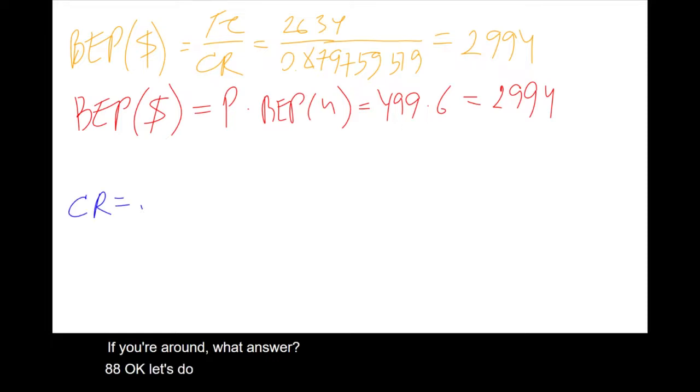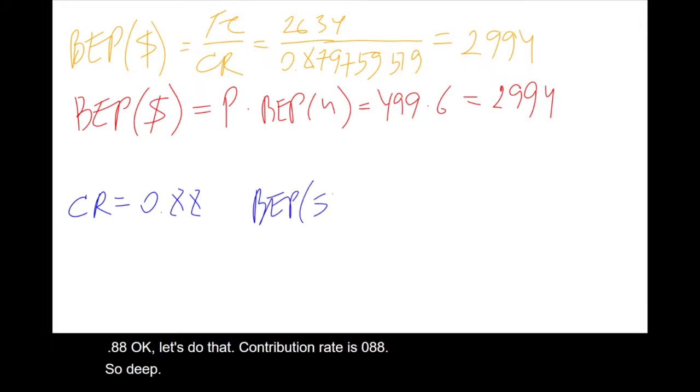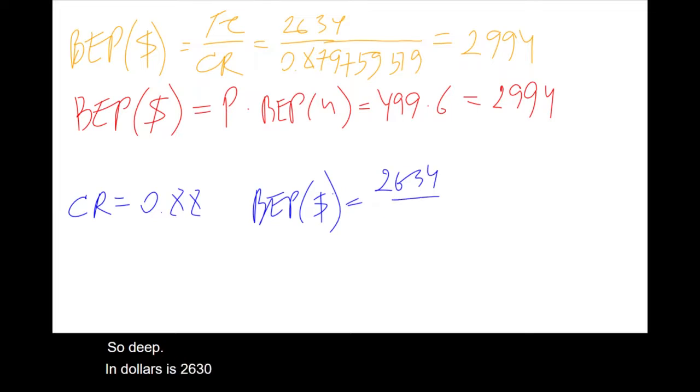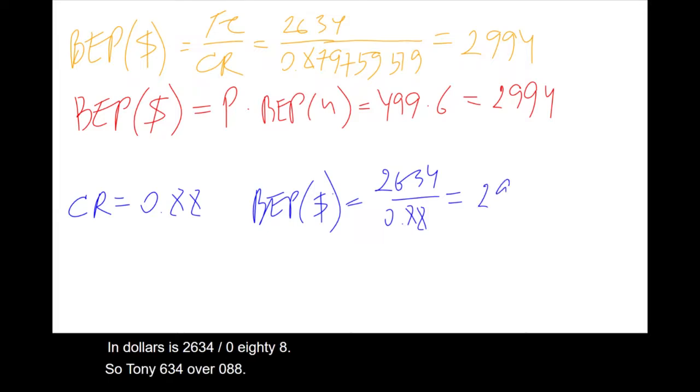Contribution rate is 0.88. So break-even point in dollars is 2634 over 0.88, which is 2993.18.